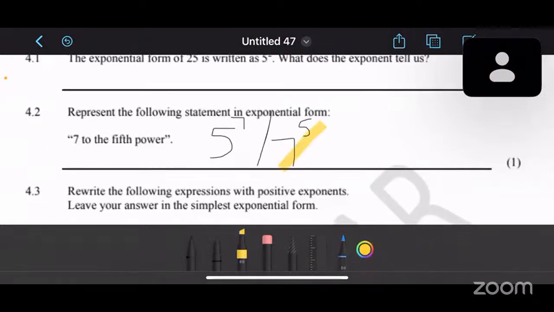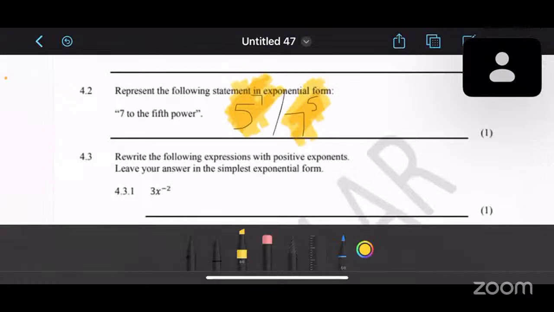Is it this one, or this one? Which one is it? The one on the right. Perfect. So it's 7 to the power of 5, 7 to the 5th power.